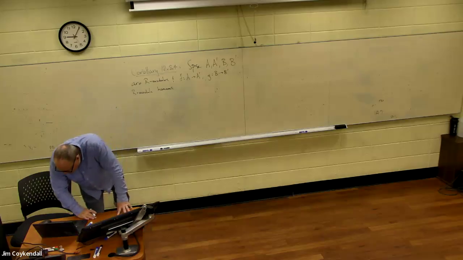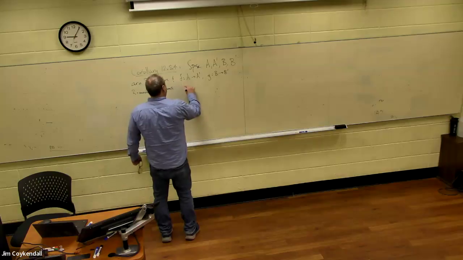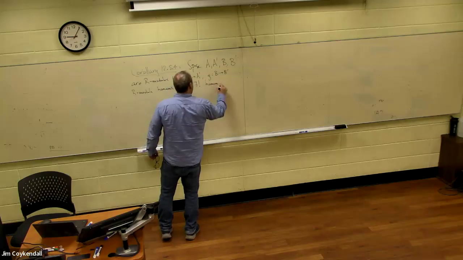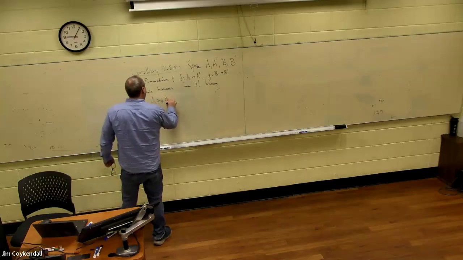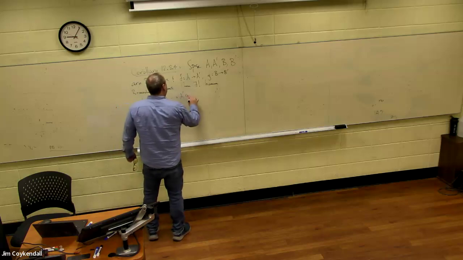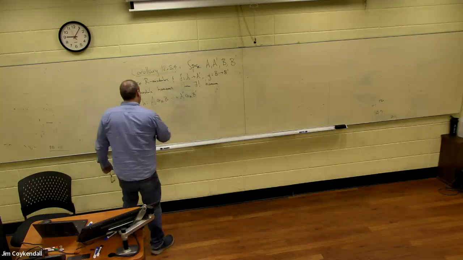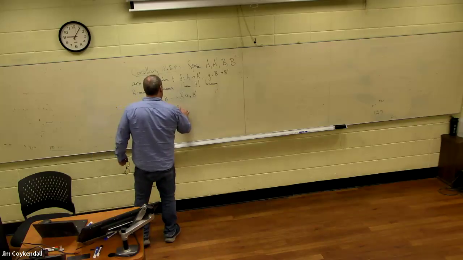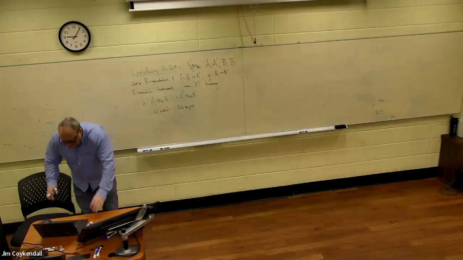Then there's a unique homomorphism h from the tensor product of A and B to the tensor product of A' and B', such that h(a ⊗ b) is f(a) ⊗ g(b). So this is the map that's induced by this.